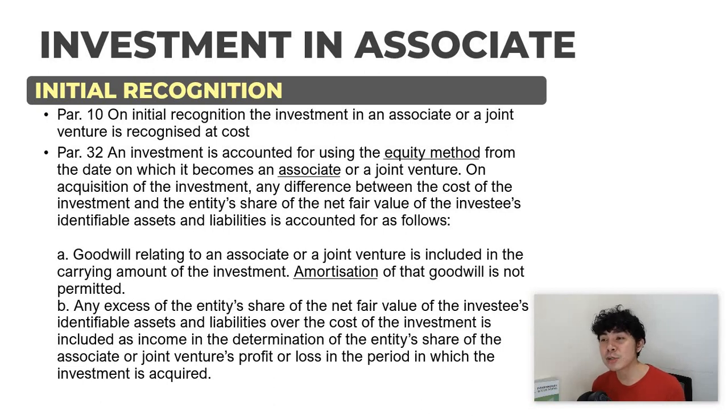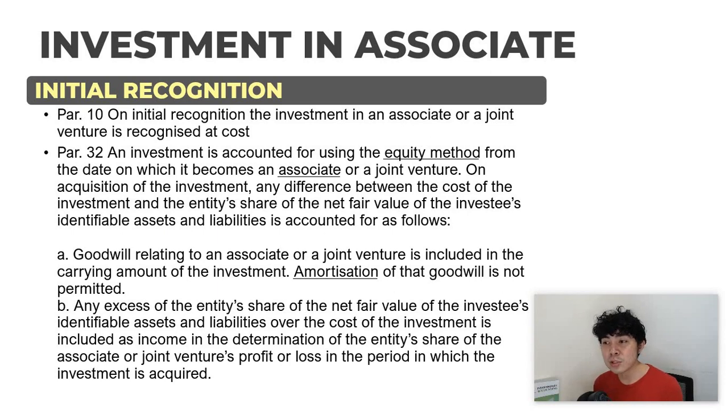So yung first procedure under equity method is, on acquisition of the investment, any difference between the cost of the investment and the entity's share of the net fair value of the investee's identifiable assets and liabilities is accounted for as follows. So una, goodwill relating to an associate or a joint venture is included in the carrying amount of the investment.